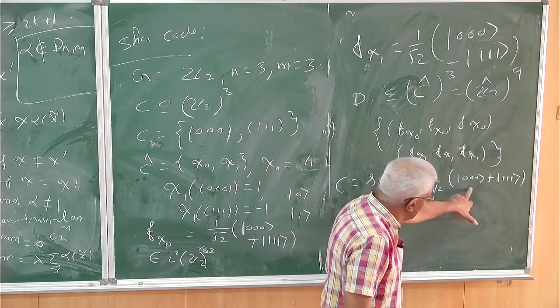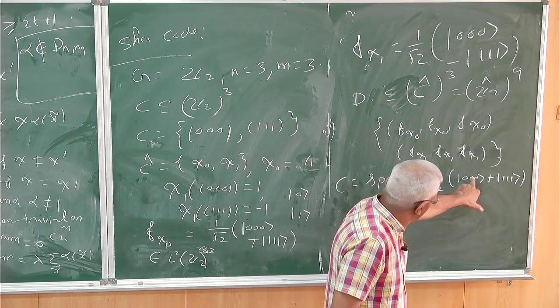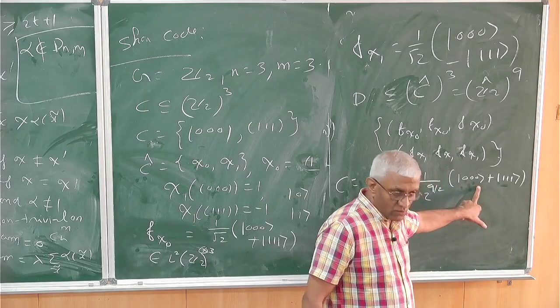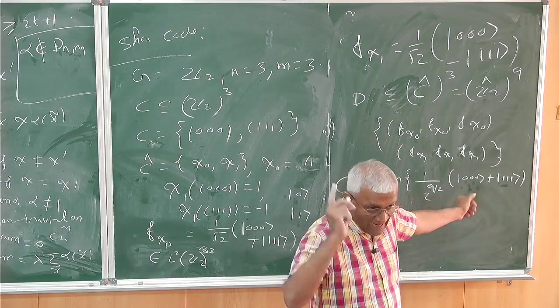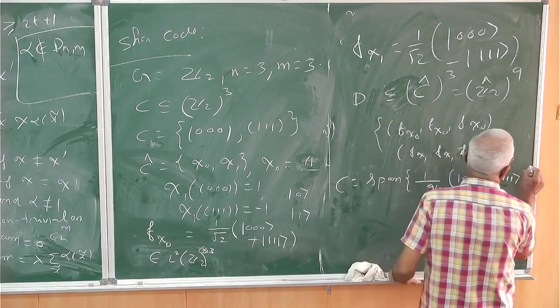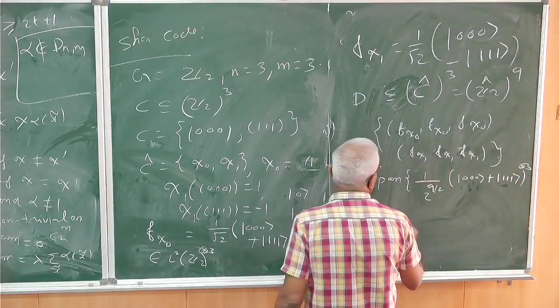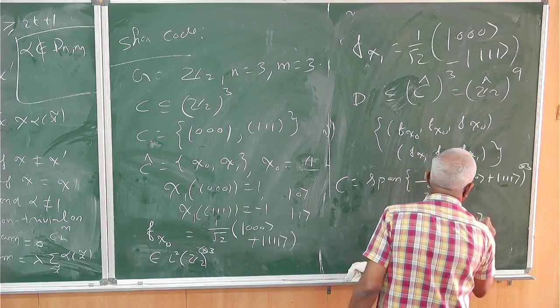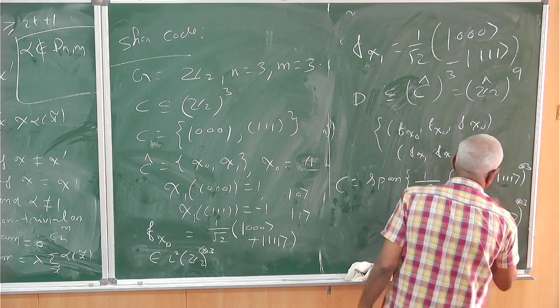This will be in C2 tensor C2, and we have C2 tensor 9, so you take this 3 times. And another thing is 2 to the power 9 by 2 times (0,0,0) minus (1,1,1), taken 3 times.